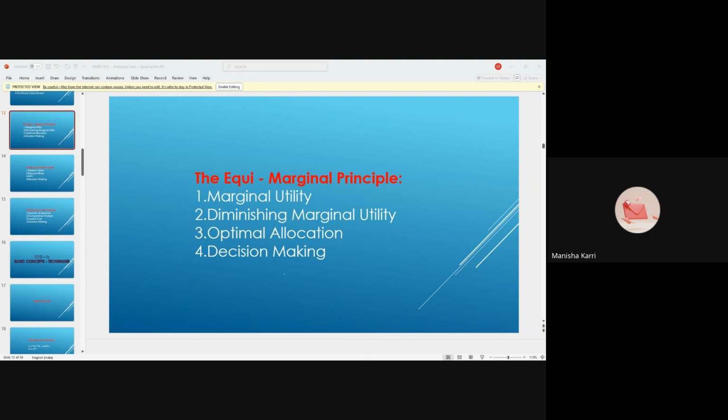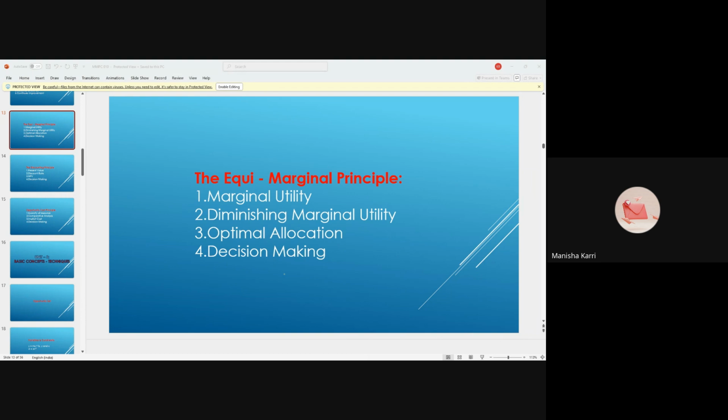Let us take an example and consider a consumer who has a certain amount of money to spend on two goods: the first one is books and the next one is movies. So the consumer should allocate their money in such a way that the marginal utility per dollar spent on books is equal to the marginal utility per dollar spent on movies.